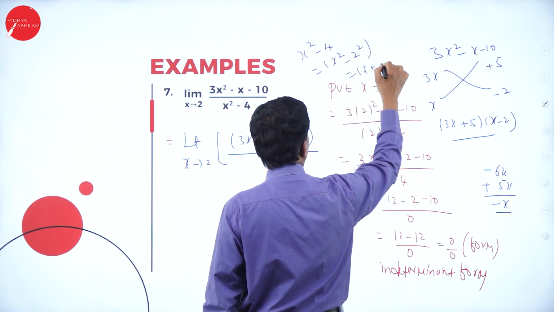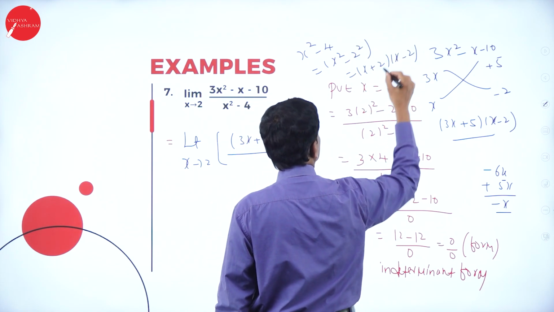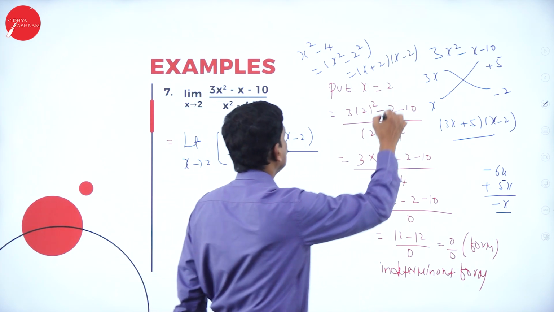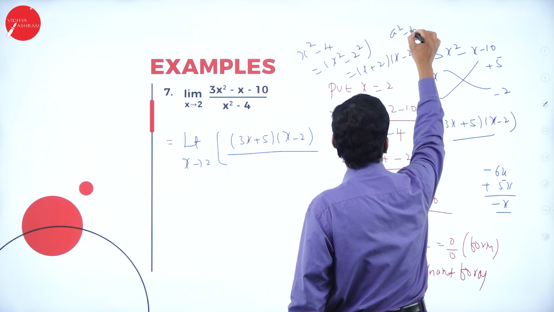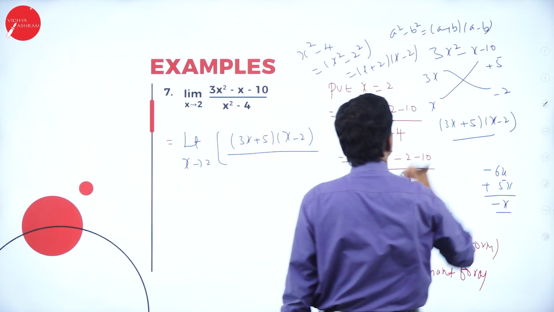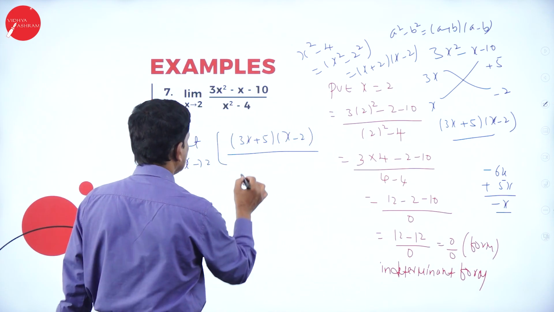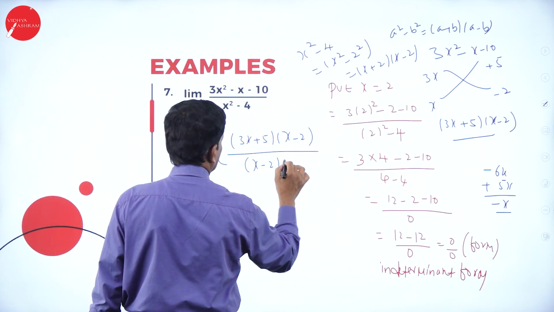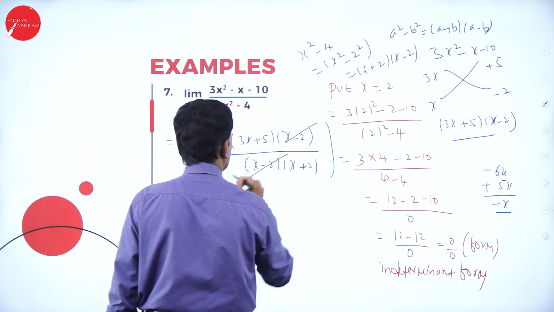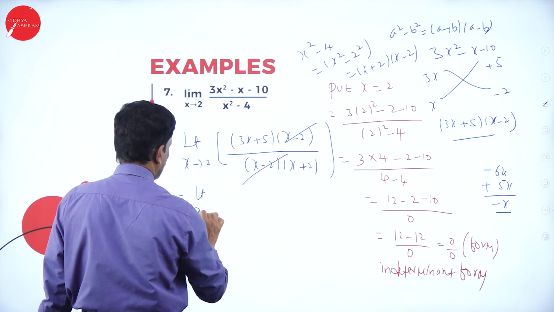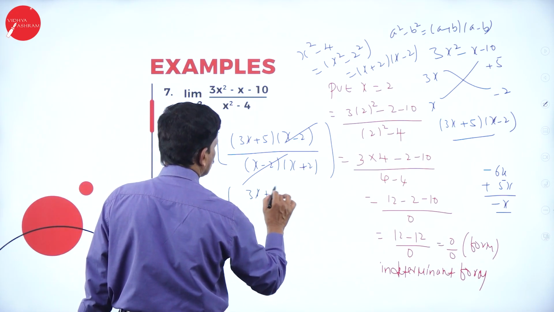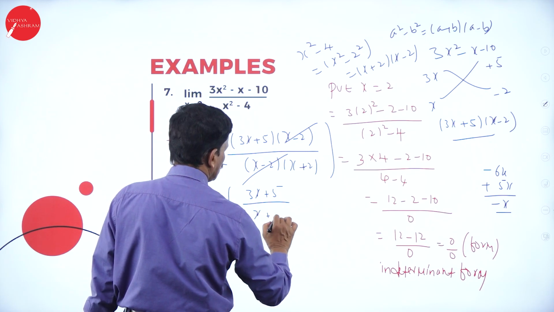This is nothing but x plus 2 into x minus 2, using a square minus b square is equal to a plus b into a minus b. So here this x minus 2 gets cancelled. What is left? Limit x tends to 2, in the numerator, 3x plus 5 divided by, in the denominator, x plus 2.